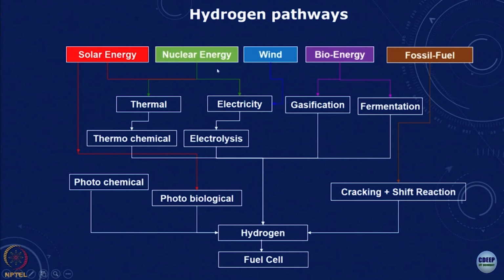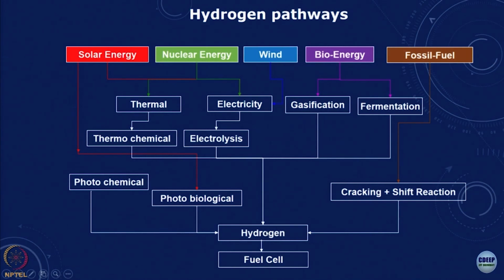We can look at hydrogen from nuclear. We can look at hydrogen from solar, both photochemical and photobiological, and hydrogen from biomass, gasification, fermentation. So there are a whole set of possible ways in which we can get hydrogen.